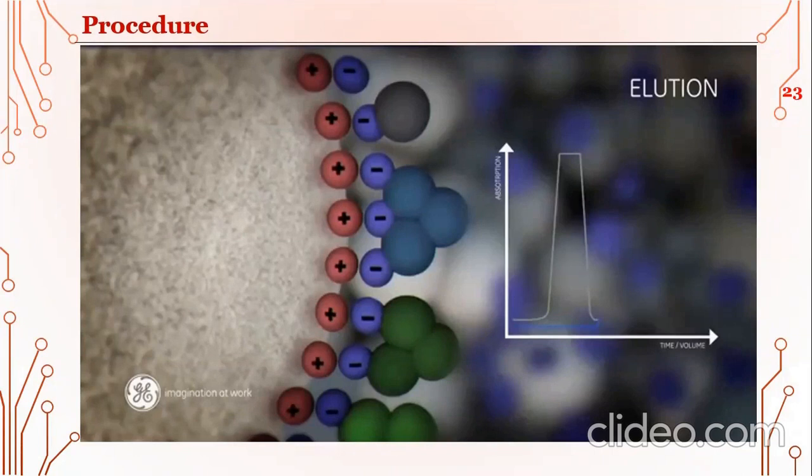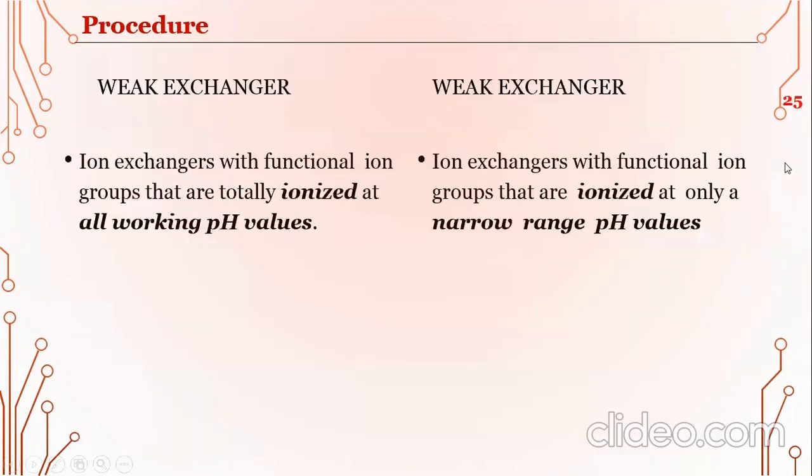ठीक हो गया। And okay, so next is the procedure. Like there will be weak exchanger. So, and this is actually the strong exchanger. So ion exchangers with ionic groups that are totally ionized at all working pH values.